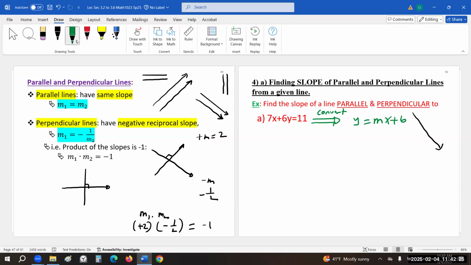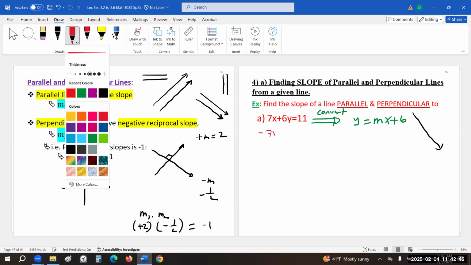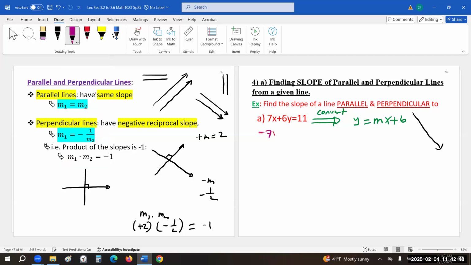So in order to get our y alone, what do you need to do? What is our first step? We subtract the 7x from both sides. Oops, we subtract 7x from both sides.